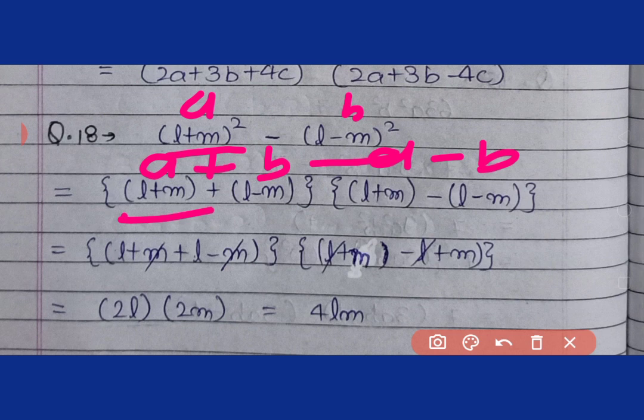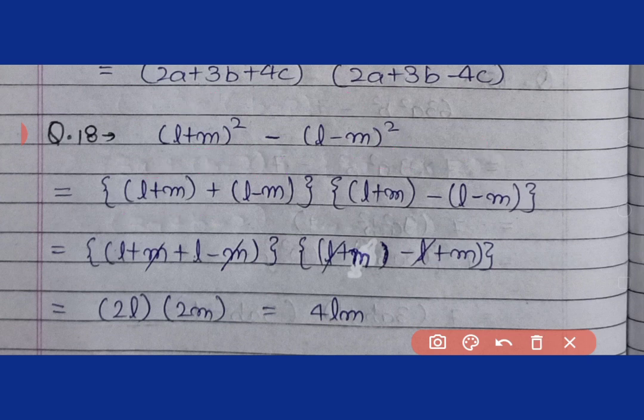Whenever the bracket opens, as you can see, it became L plus m, and plus is given, so no sign will be changed: L minus m. So one m was positive and one m was negative, so they will cancel. And in the second bracket it has given L plus m.